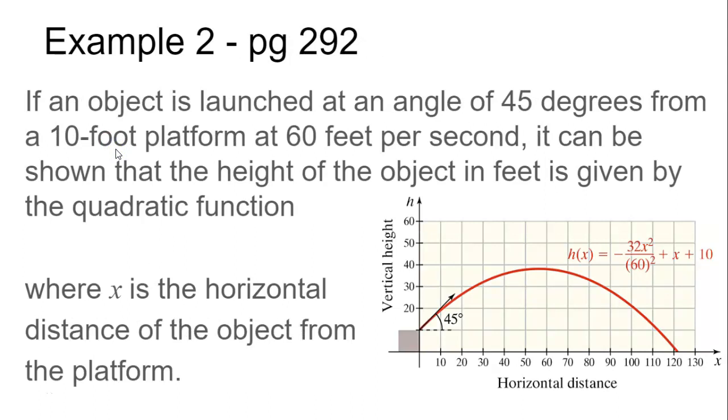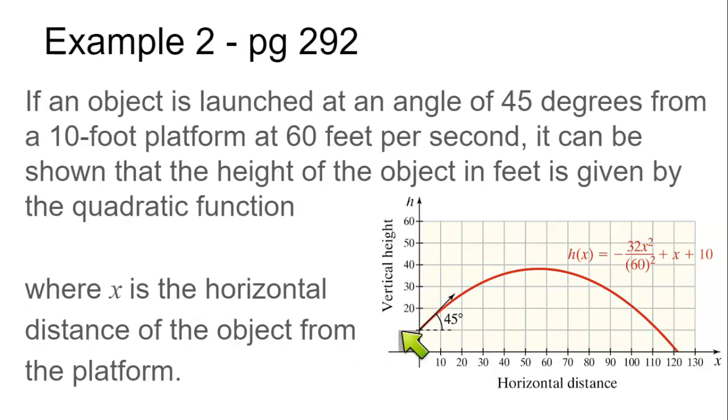And so here we have a second example we can look at, kind of similar, projectile motion. Again, I'll have you read this information here, but this is the graph of that. It's also given to you on page 292. In this situation, we're told a couple different things.